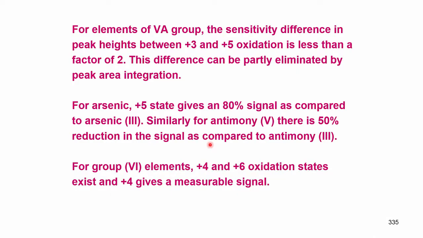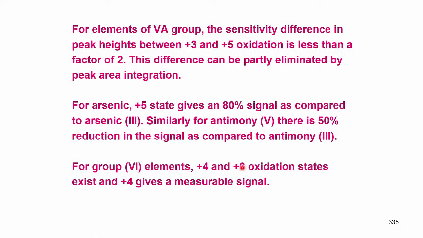Okay. So, it is possible for us to estimate whether an element is in the plus 5 state or the plus 3 state. Suppose I take one sample, oxidize everything to the plus 5 state, I have all the reaction, and then reduce it, then we have the plus 3 state. What is the difference between the two?